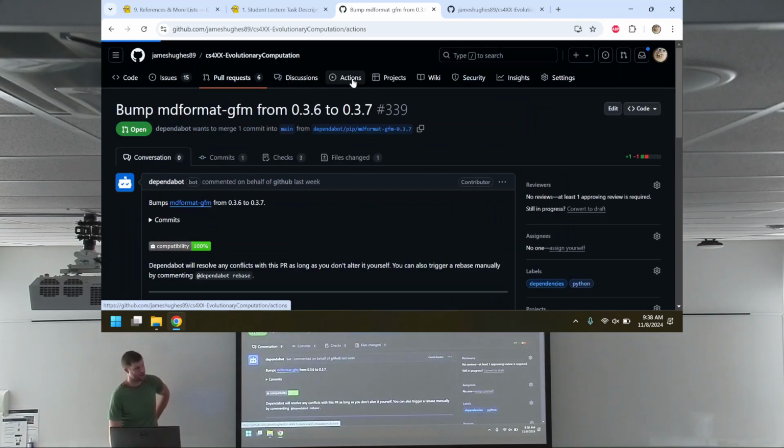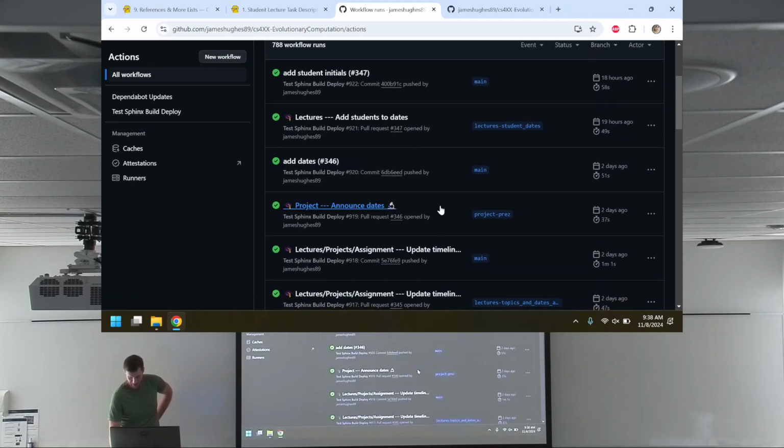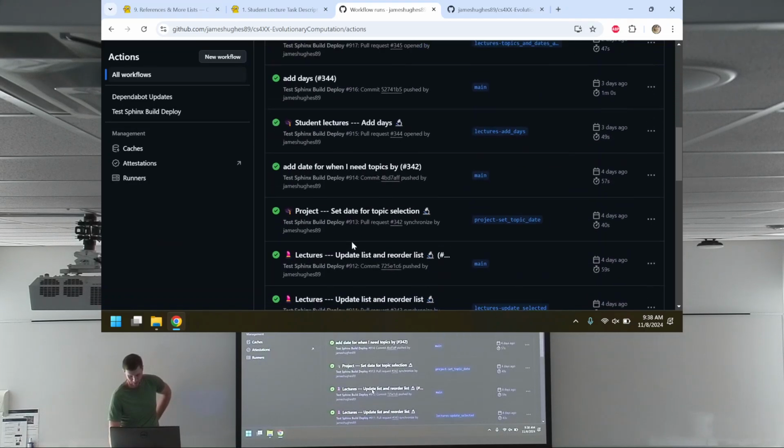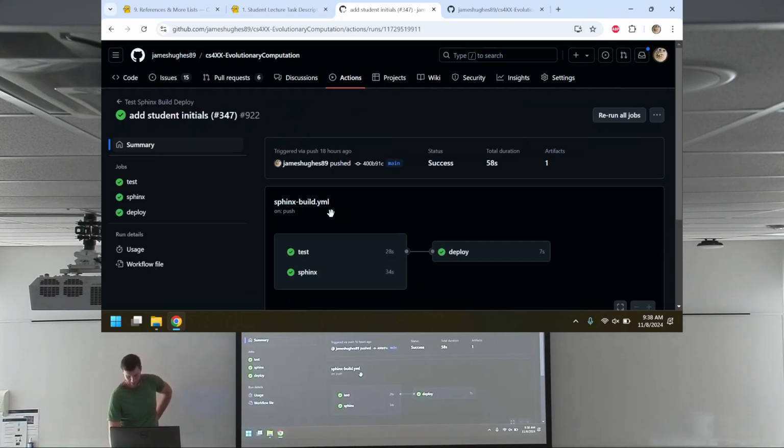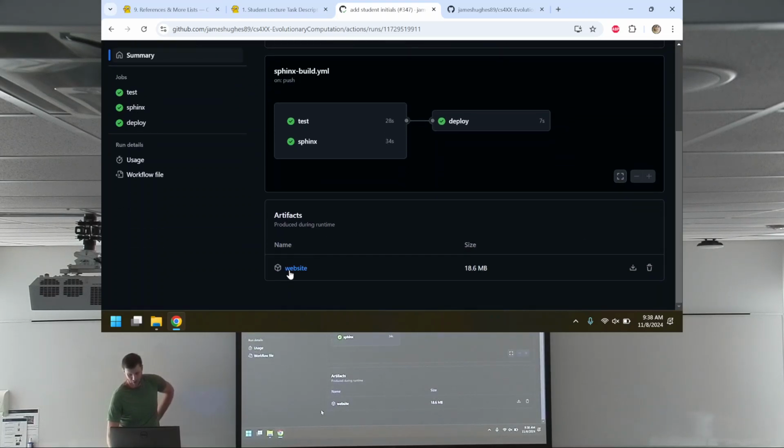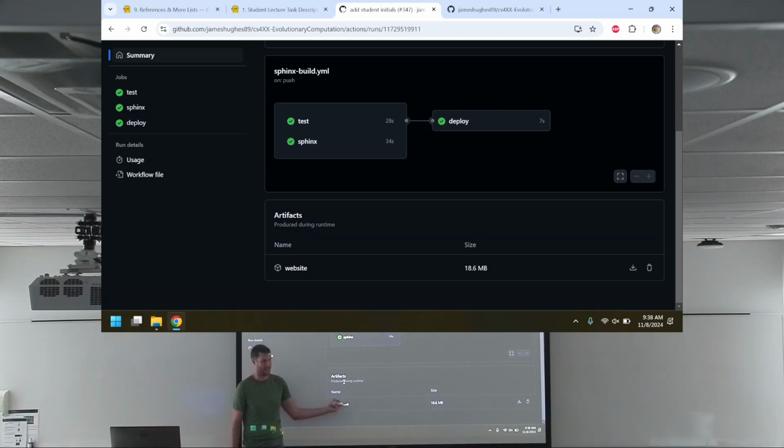If you go to your actions, you will see the action for all of the pull requests that were ever created. So you can go to yours, and if we scroll down, it creates an artifact. The artifact is the website build, because it builds the website to make sure it can build. It just hangs out on GitHub, so you can download it.